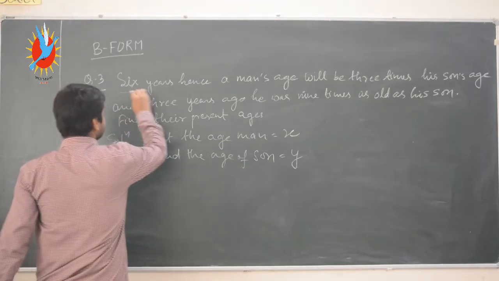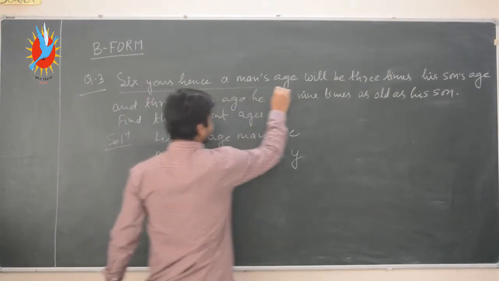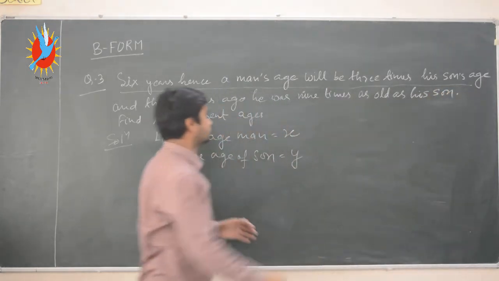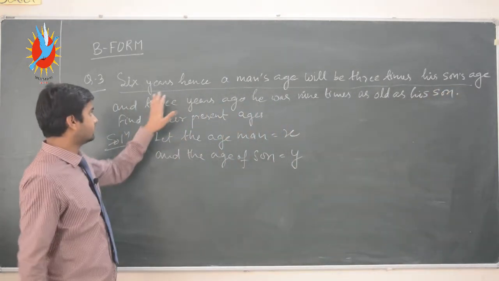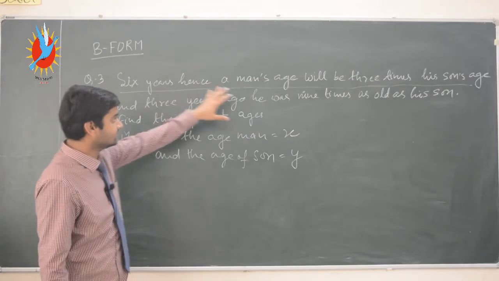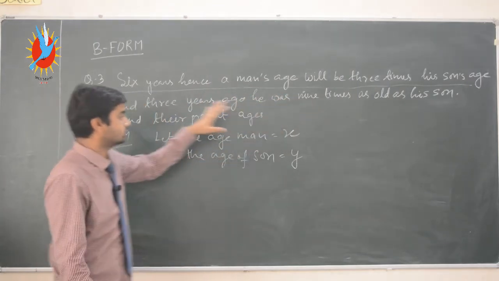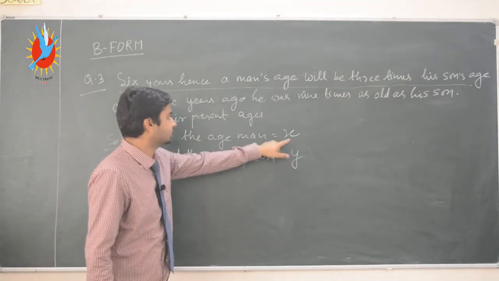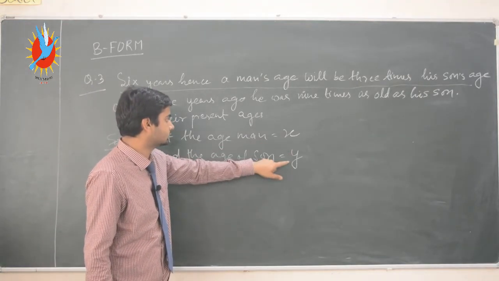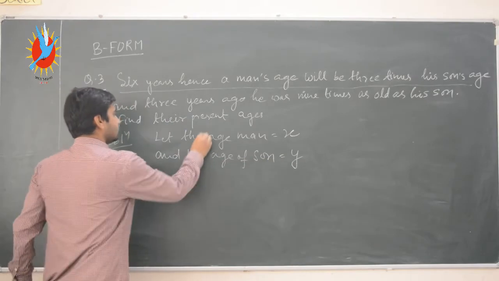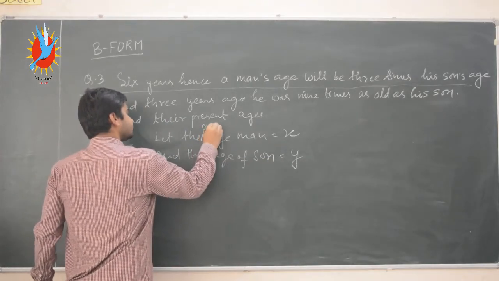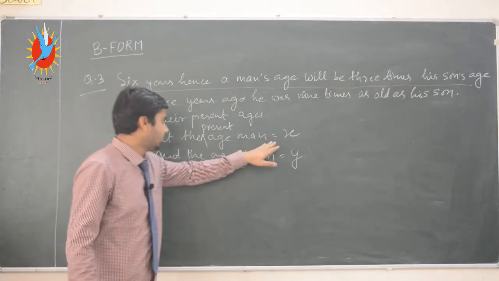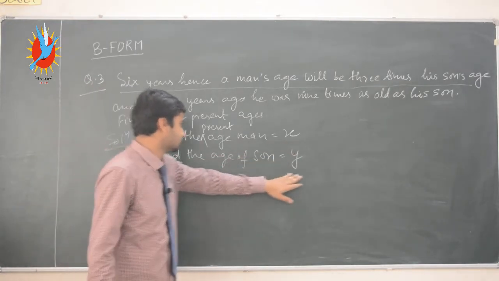Condition 1 is that 6 years hence a man's age will be 3 times his son's age. So x and y are the present ages of the man and his son.